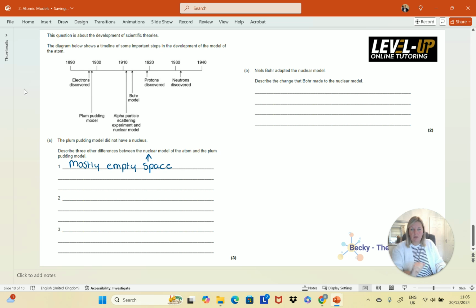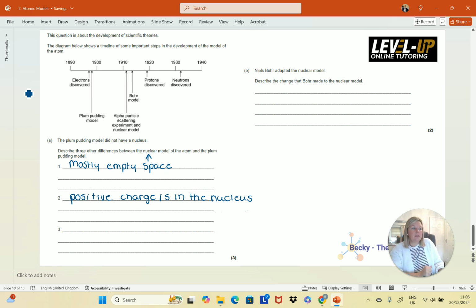The second thing we could say is that its positive charge is in the nucleus. Again, the reverse of that, you could say the plum pudding model, the ball is the positive charge. So if you're saying it the other way, just make sure you say the plum pudding model.